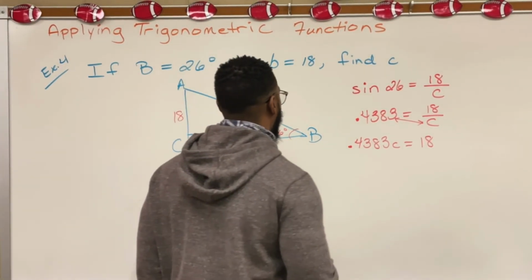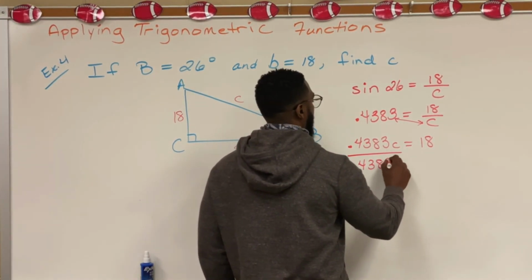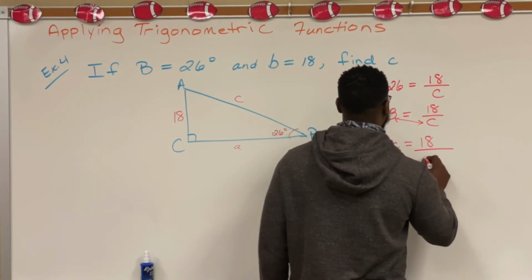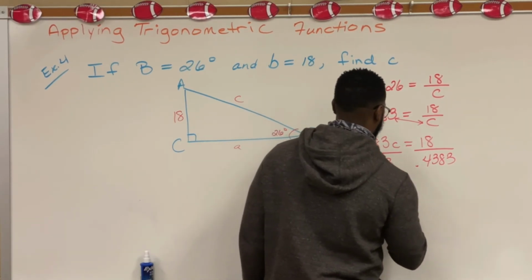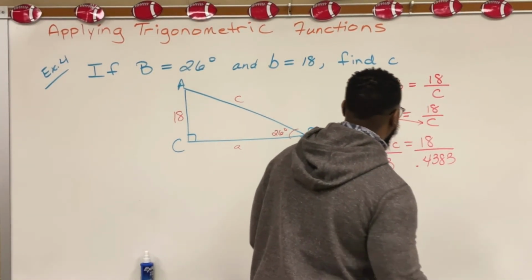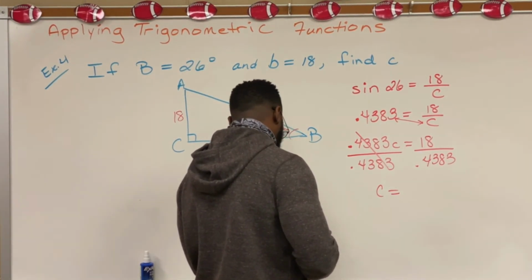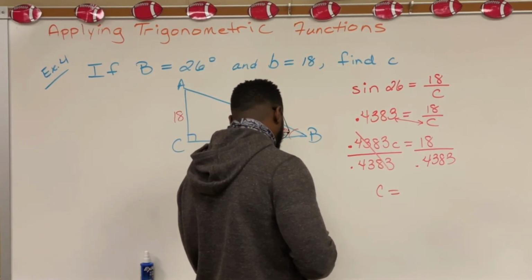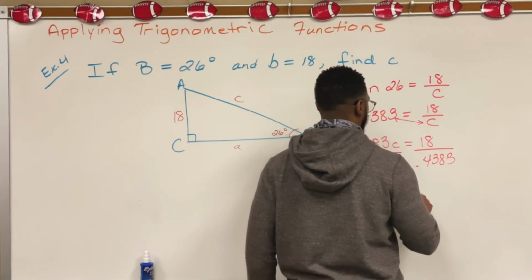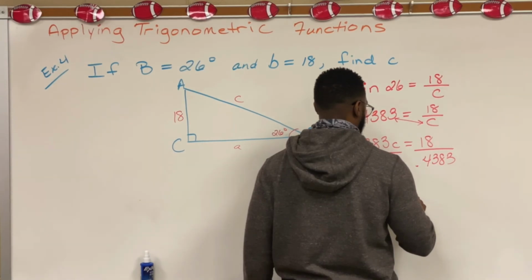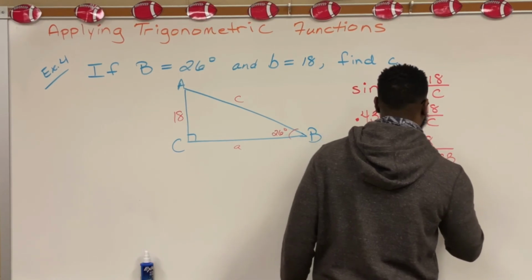We always divide by the number that has the variable. C equals 41.067.